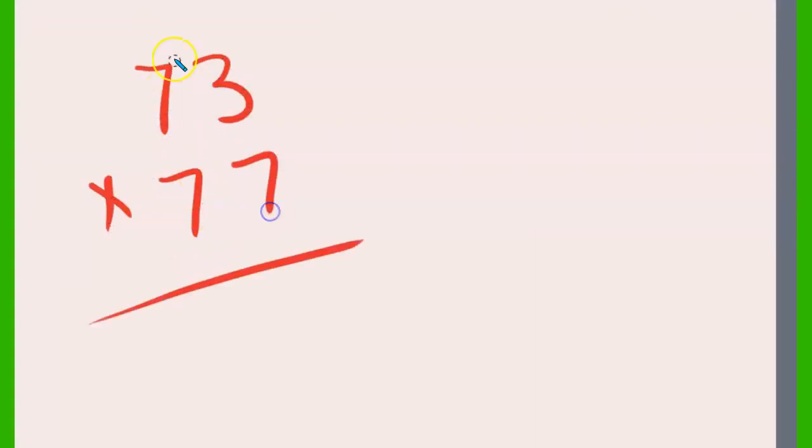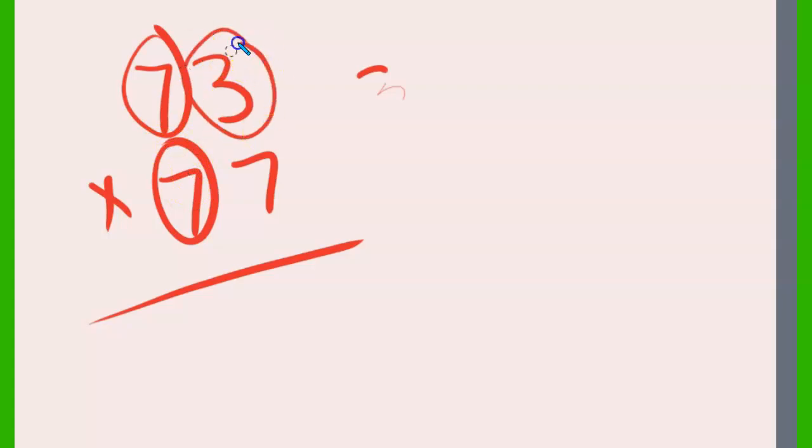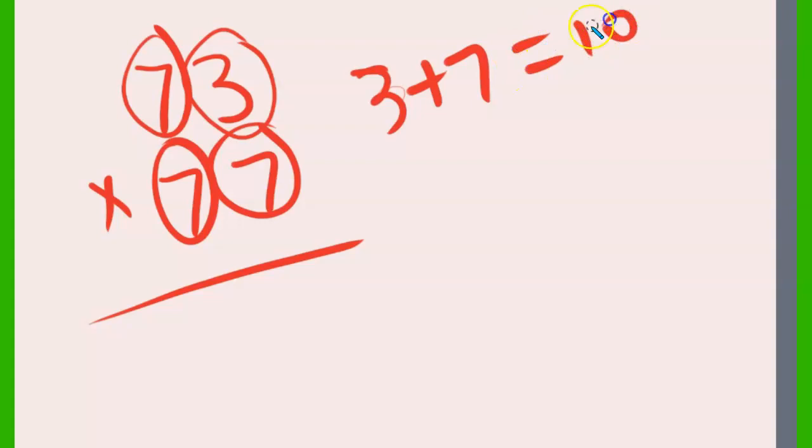73 times 77. Note that the tens digit is the same, and the units digits 3 plus 7 add up to 10. So if such is the case, then we increment the tens digit by 1 and multiply with 7.